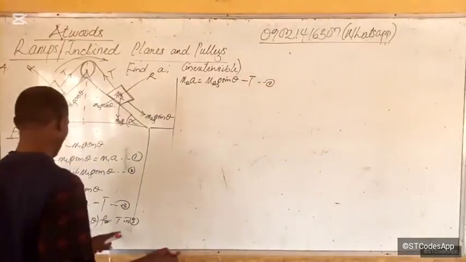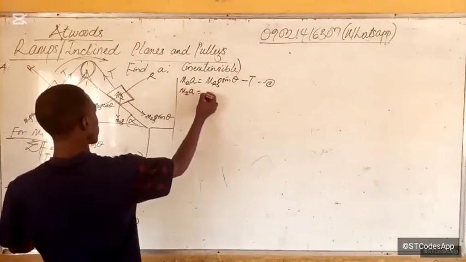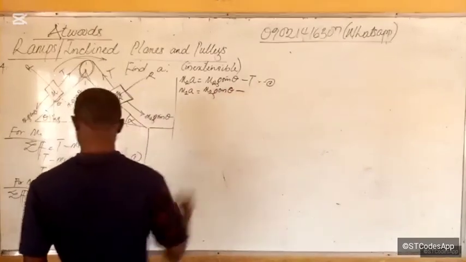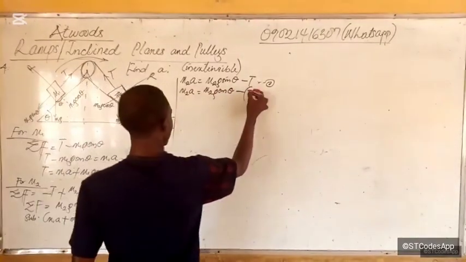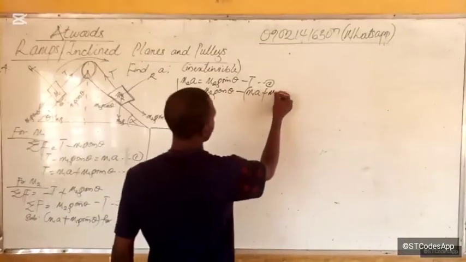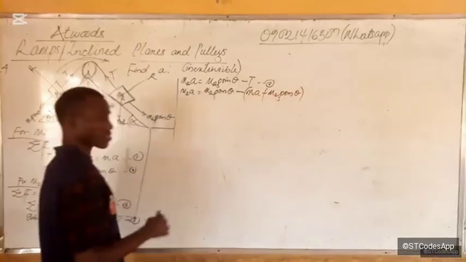So we can now say, since we are substituting for T, m2a will be equal to m2g sine theta minus this entire thing. Always remember to put the bracket. m1a plus m1g sine theta. Is that okay?